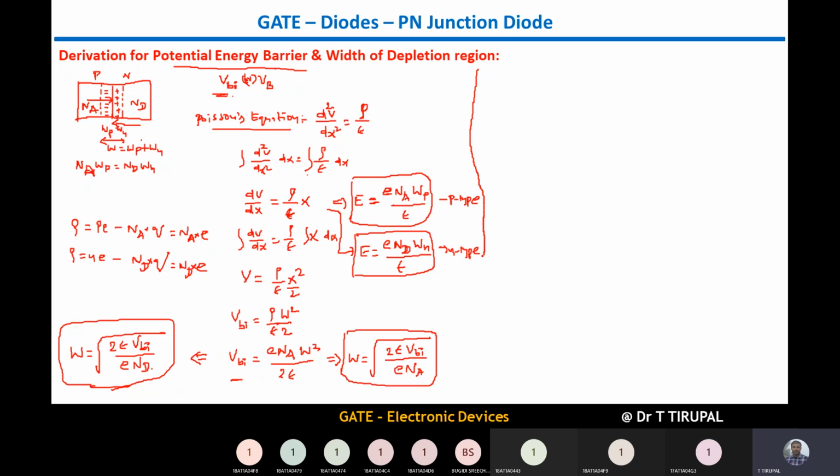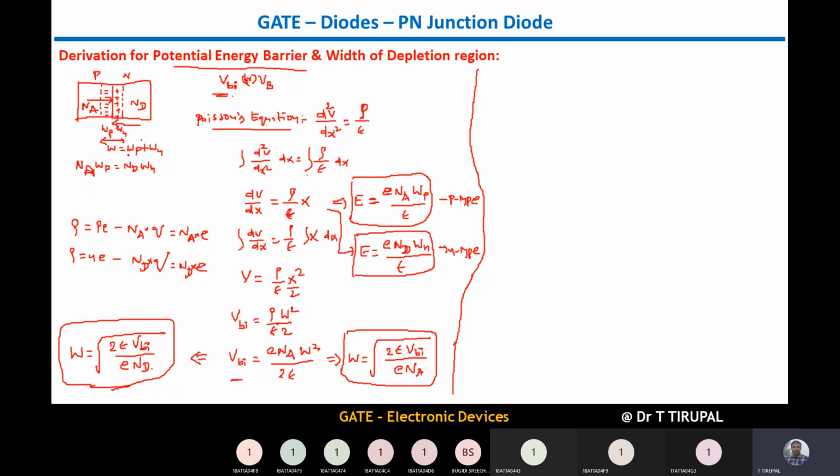Please follow carefully. Electric field intensity depends on the width of depletion region towards p-type and n-type, and also on the built-in potential, which is called VBI. Right?